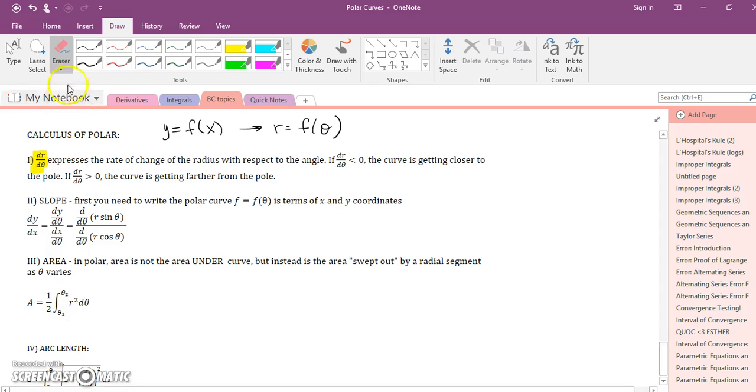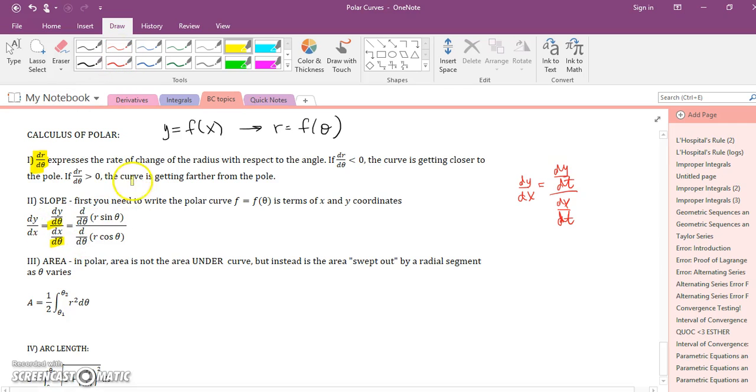Next thing is slope. This is really similar to in parametric mode, how we said dy dx is equal to dy dt over dx dt, where t was the invisible third parameter ticking along in the background. Now we have dy d theta over dx d theta.